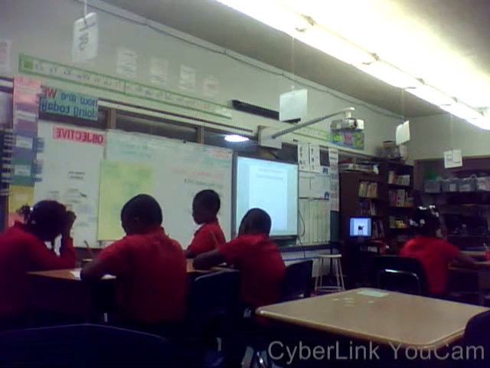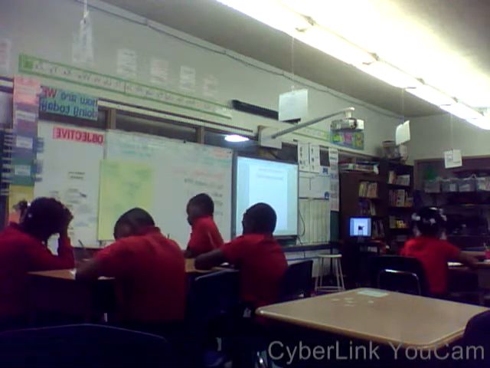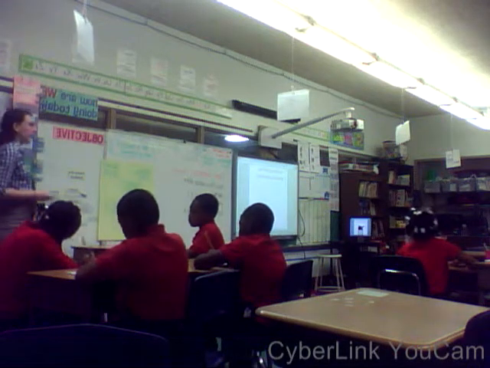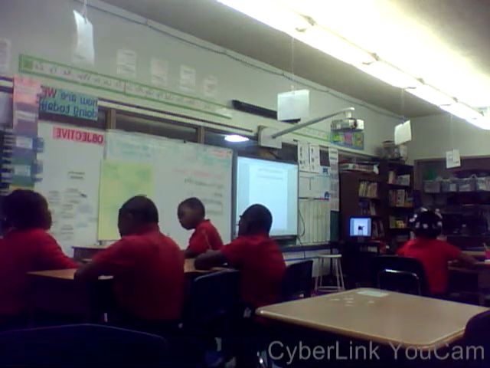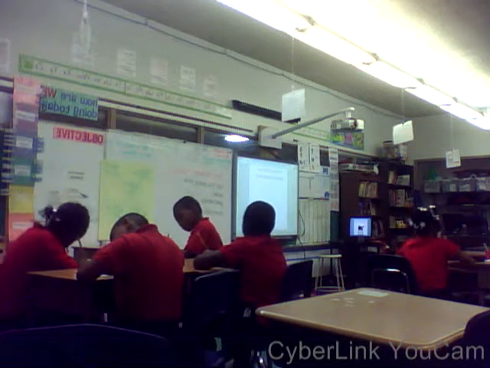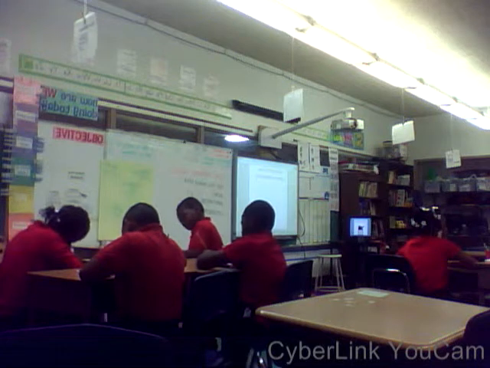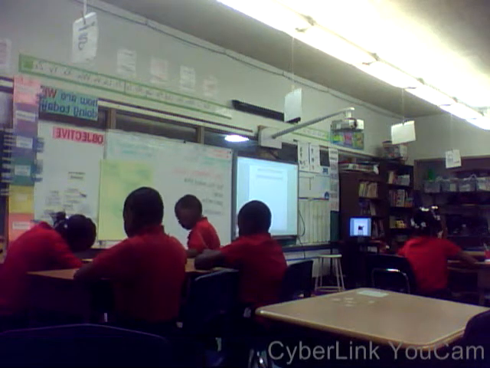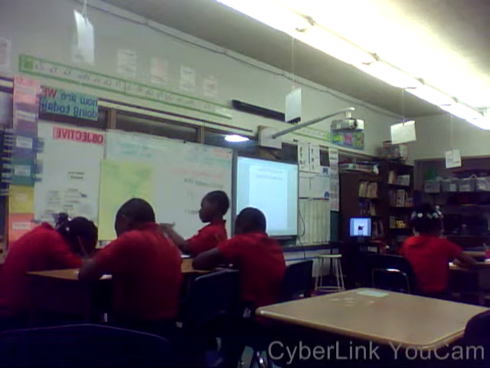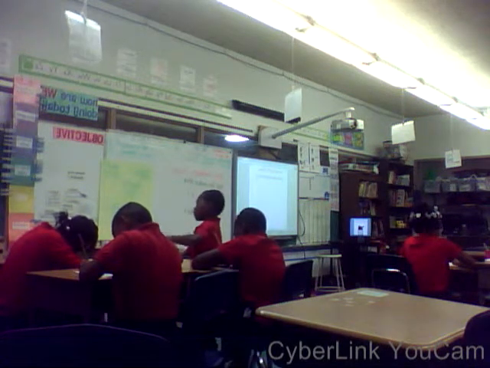Pencils to their paper, writing a more advanced topic sentence than the one that is on the board, using the rubric that we have. Good job, famous stars in the back.